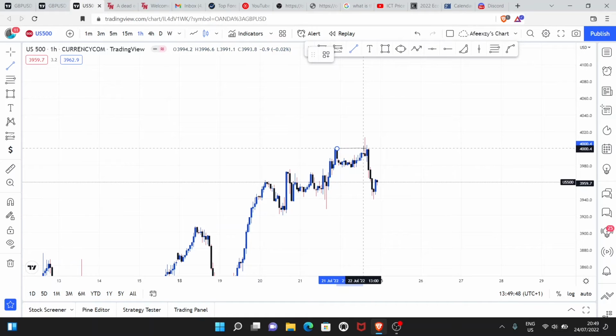This was the trade I just left on Friday. Last week's close, it happened very close to the market close, so I left it. Then we saw the change in market structure here.